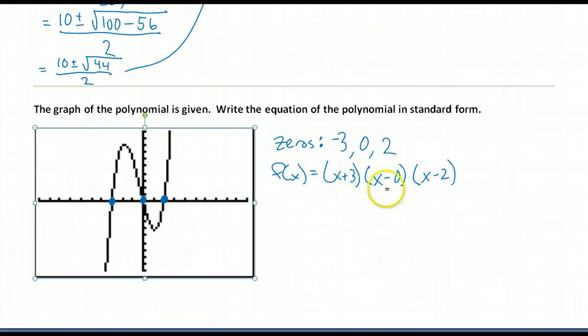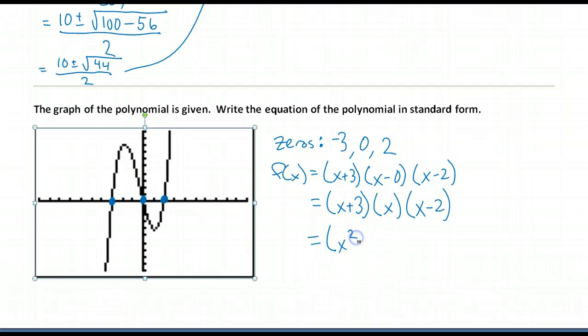Now I need to multiply these together. But before I do that, I'm going to simplify x minus 0 down to just x. Now I'm going to distribute. x times x is x squared plus 3 times x.